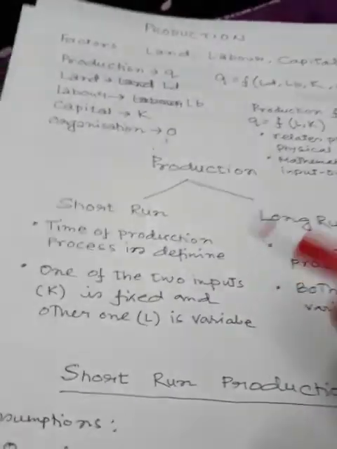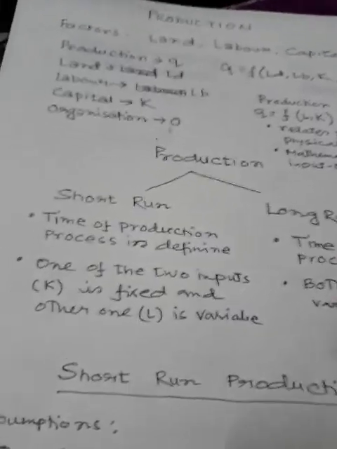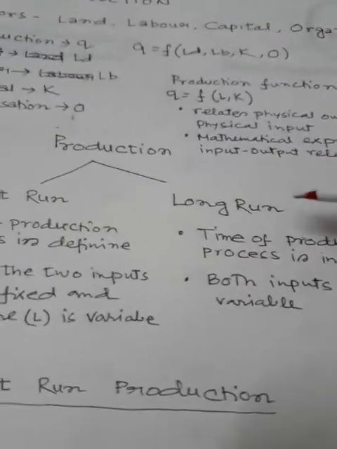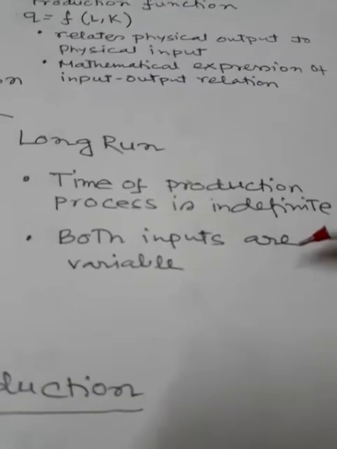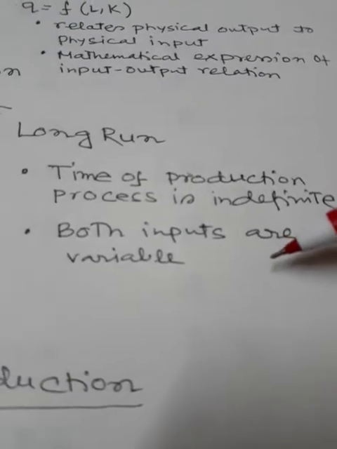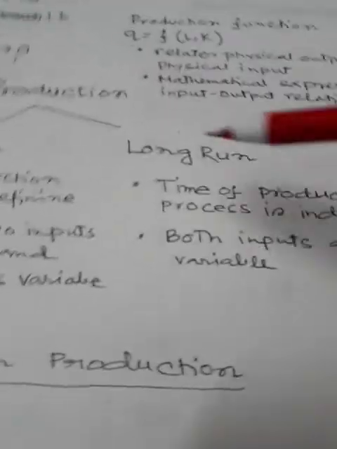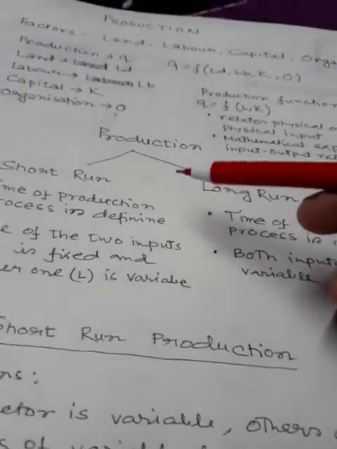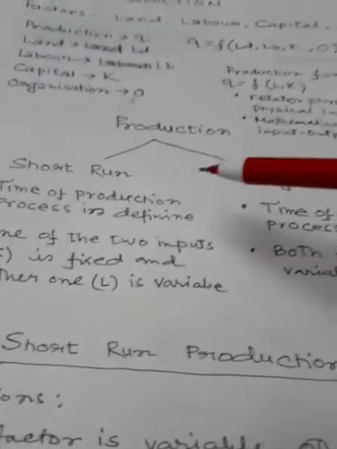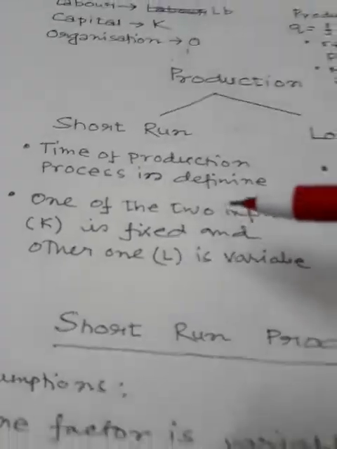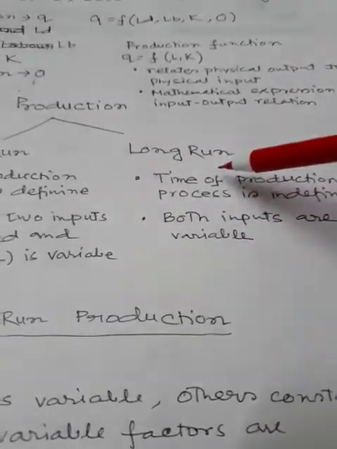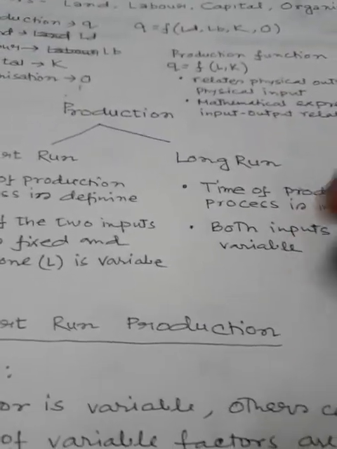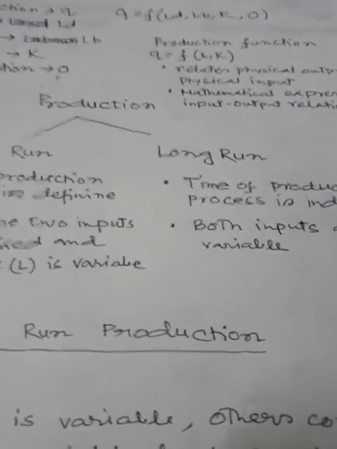We know that after 2 years or after 3 years the production process will stop. But in case of long run, the time of production process is indefinite. We don't know when the production process will stop. I told you in my last class that this is not the only difference between short run and long run. There is a very important difference too.